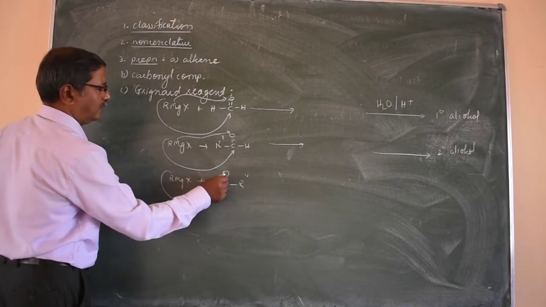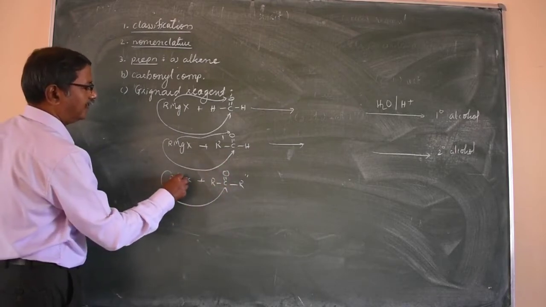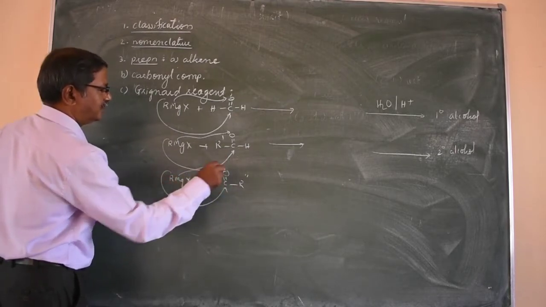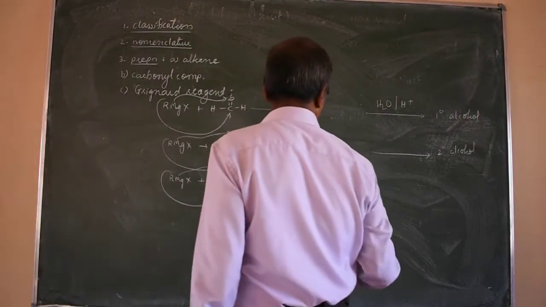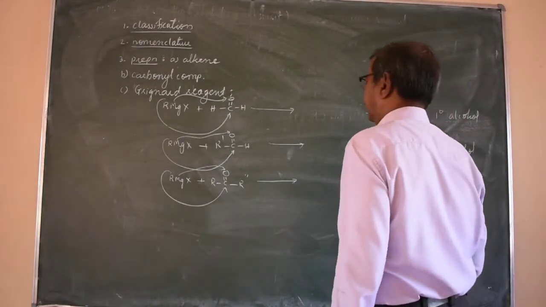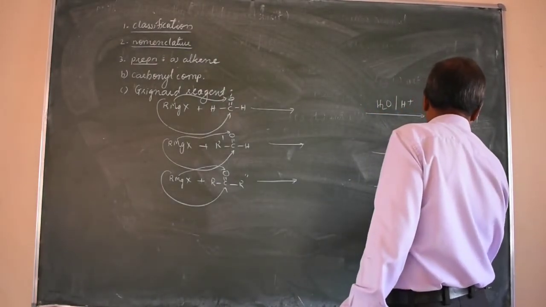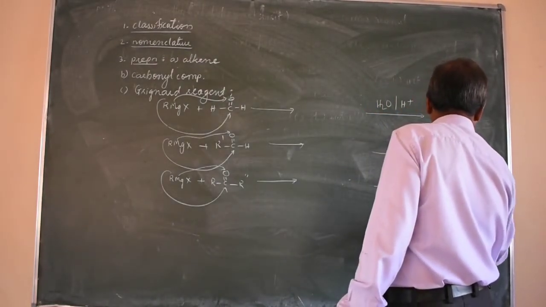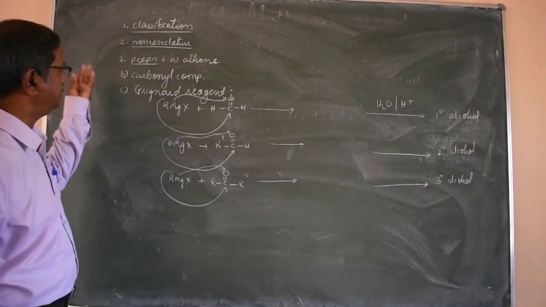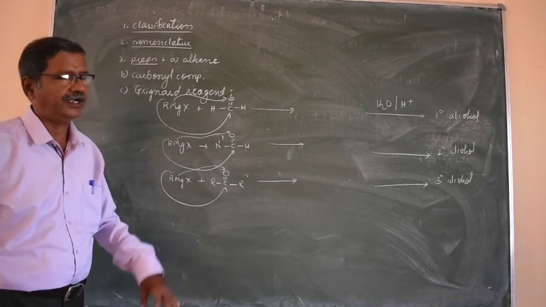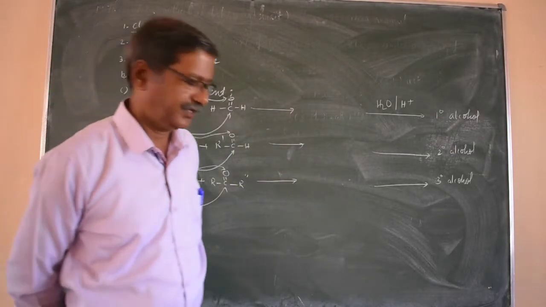Pi electron move towards electronegative oxygen atom and Mg is positively charged, add to this one. Then you are getting addition product, then on hydrolysis gives 3 degree alcohol. So this is about the preparation of alcohols from alkenes, from carbonyl compounds and by using Grignard reagent.